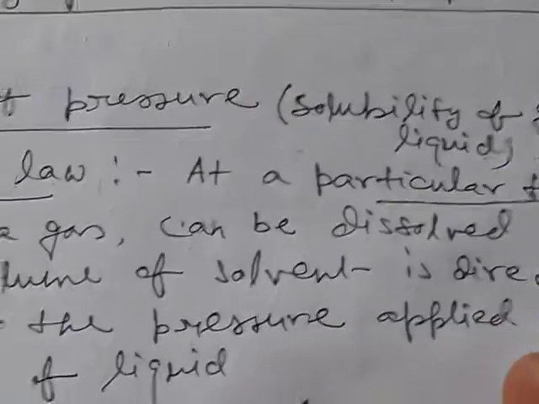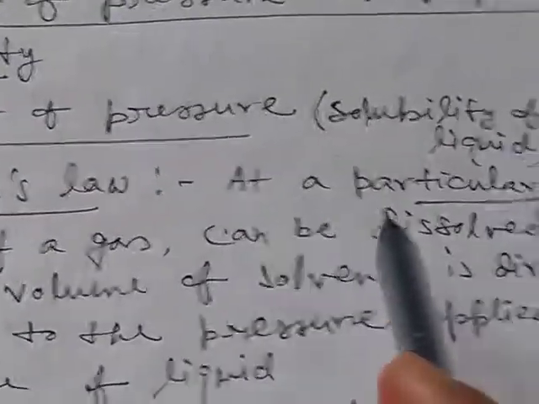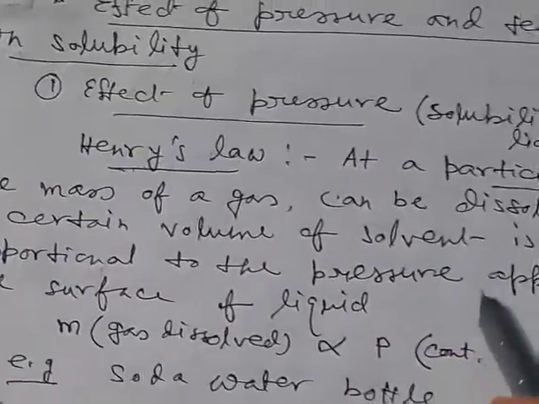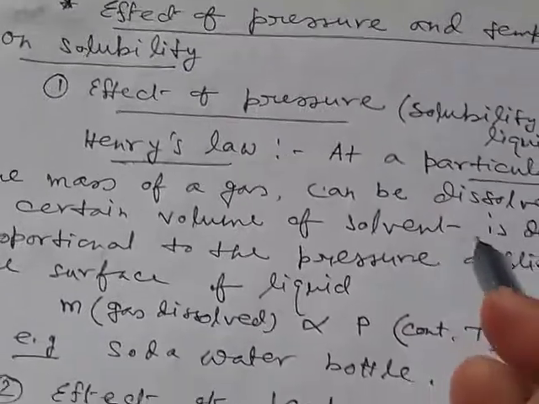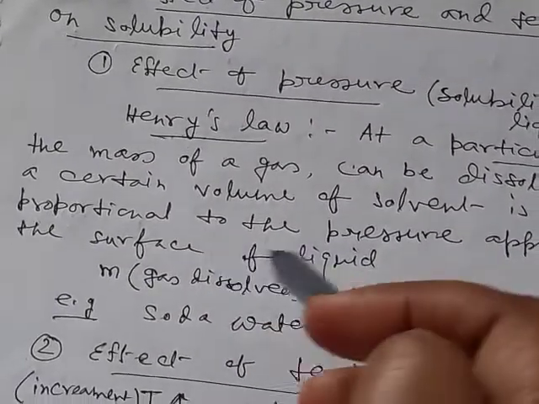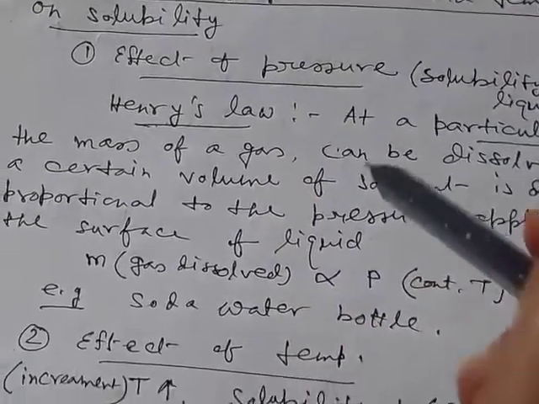So at a particular temperature, the mass of a gas that can be dissolved in a certain volume of solvent is directly proportional to the pressure applied on the surface of the liquid.